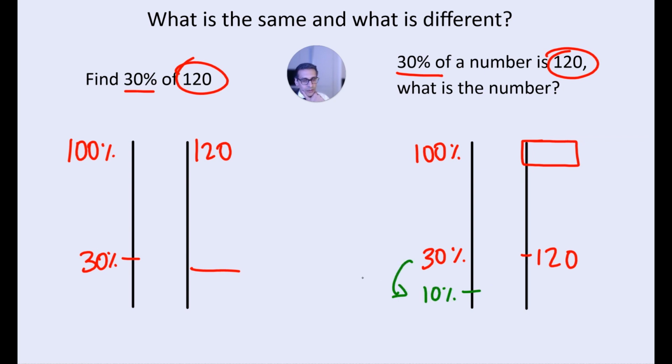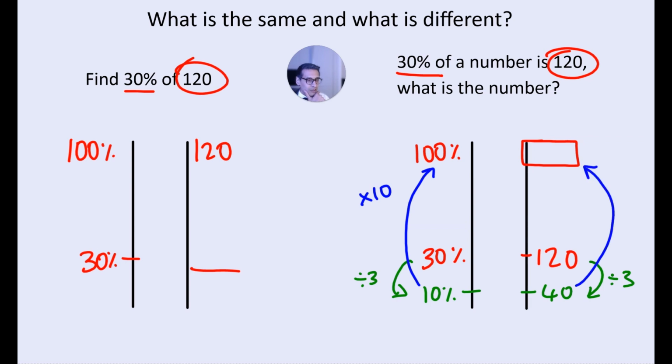So we're going to divide by 3 to get 10%, and we're going to do the same thing here. 120 divided by 3 is 40. And then from 10% it's quite easy to go up to 100, because we just times it by 10. 40 times 10 gives us 400.